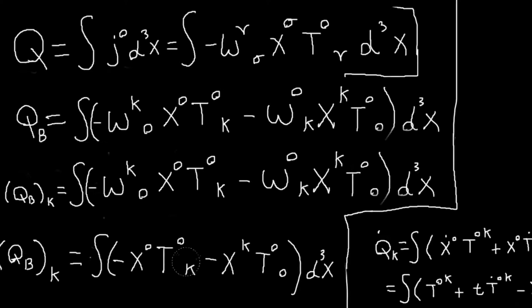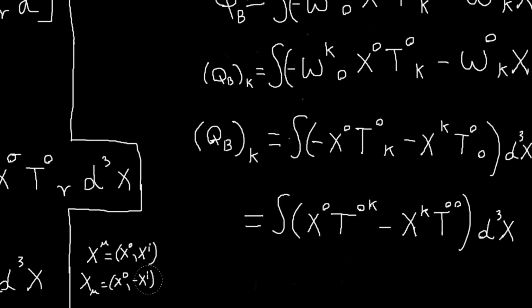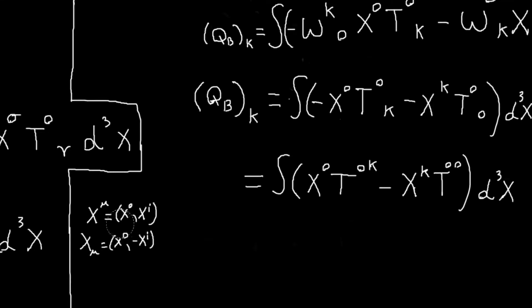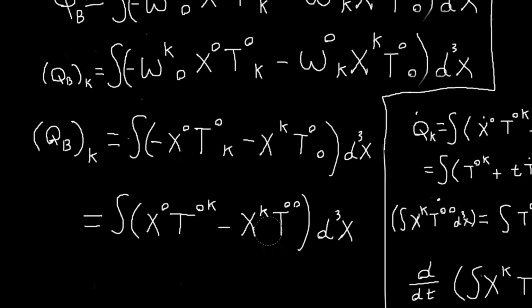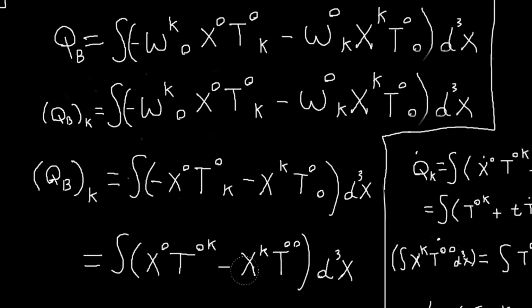So just remember, when we have our 4-vectors, the difference between the contravariant and covariant components is that the time components are the same, but the spatial components pick up a minus sign. So if I want to raise this k up, I will pick up a minus sign because k is one of the spatial components.